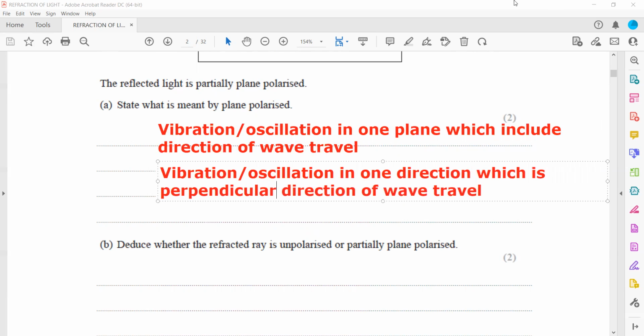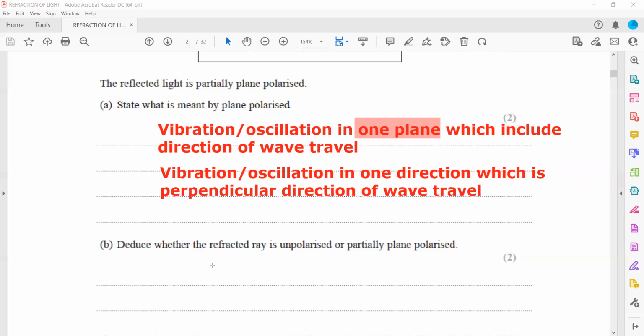So two things are there. If you use the term plane, you should complete the definition by mentioning which includes the direction of wave travel. And if you use the term direction only, like vibration or oscillation in one direction, then that is perpendicular to the direction of wave travel.